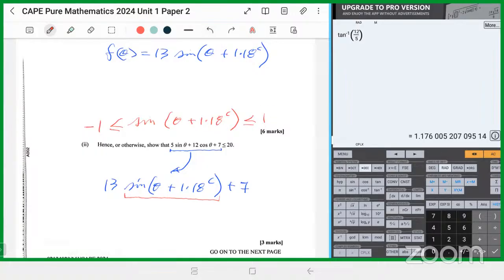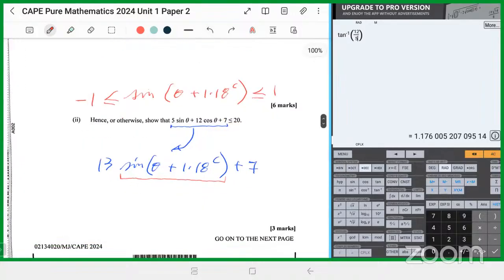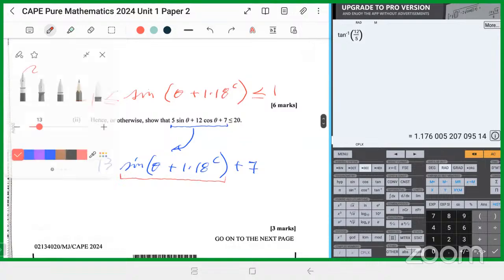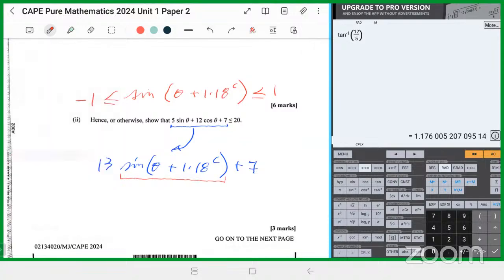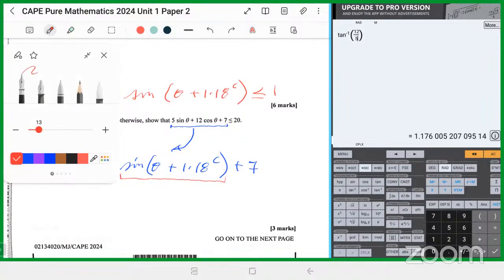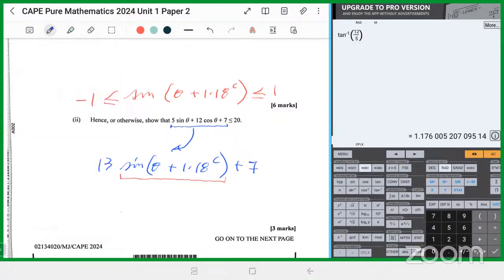Since the maximum value is 1, I show that it is less than or equal to 20. So the maximum of that expression is 13 times 1 plus 7, which is 20.